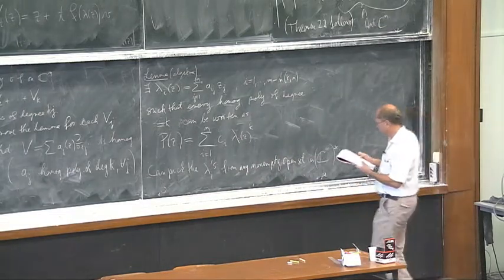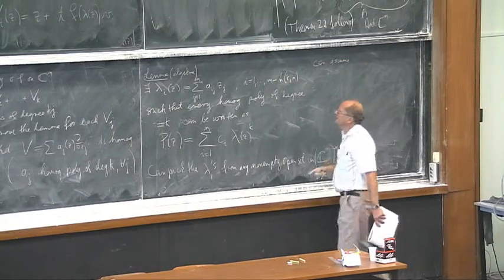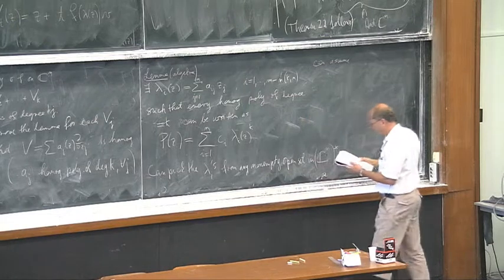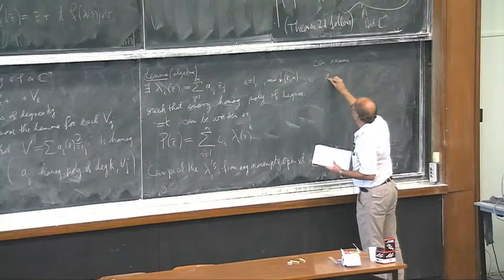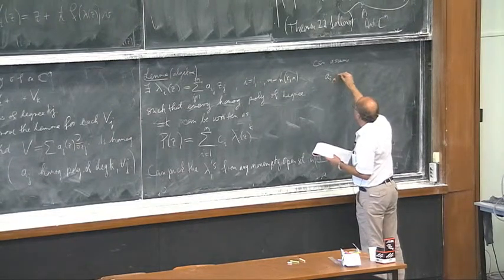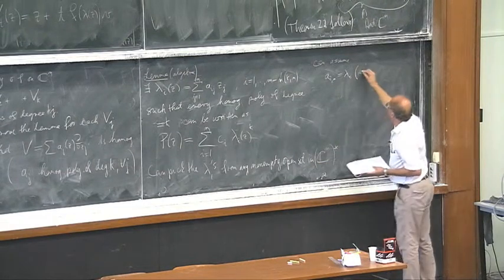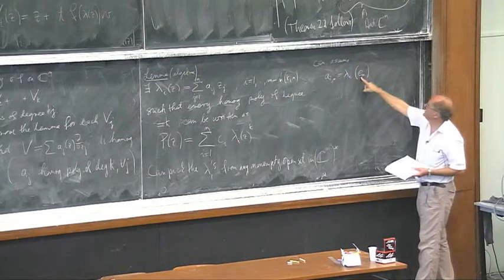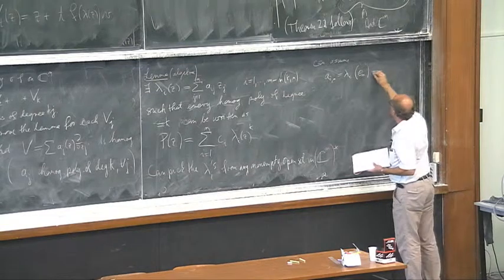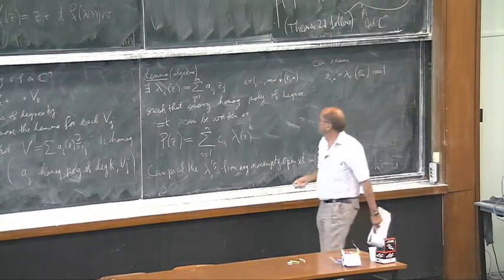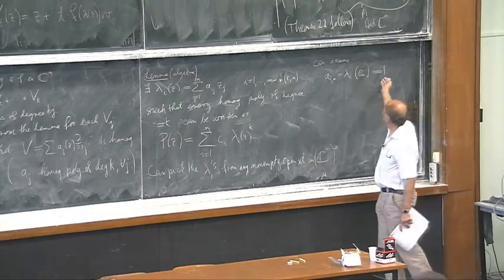And in particular, we can assume that the nth coefficient for all of them is non-vanishing. And in fact, I can make it 1. So I can assume that a_in, which is lambda_i applied to the nth unit vector, where I denote by e_n the standard basis of Euclidean space, so this is the nth unit vector, is equal to 1. This is easily done. First, you have to arrange that it's non-zero, and then you can rescale so it becomes 1.